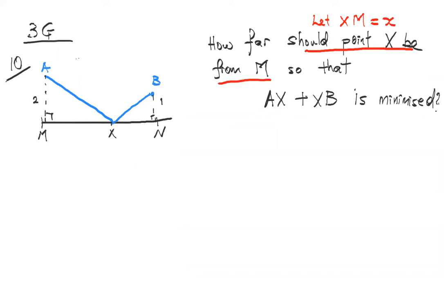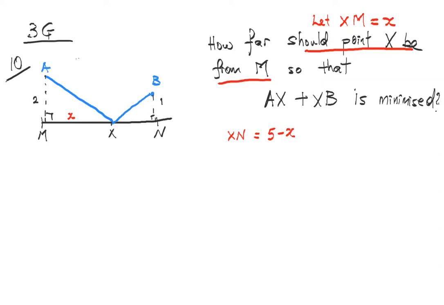Are you clear? If this XM is x, can you tell me what is XN? 5 minus x. Yes, you are right. 5 minus x. So that is how you read the question and how you put it.